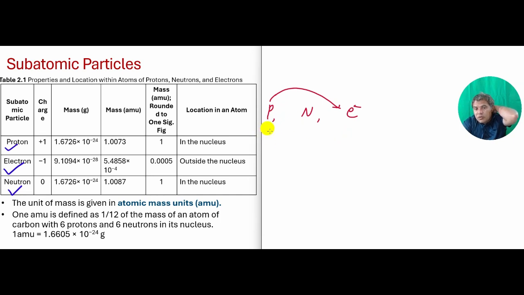The neutron has zero charge. We assume proton +1, neutron 0, electron -1. Overall it is 0.